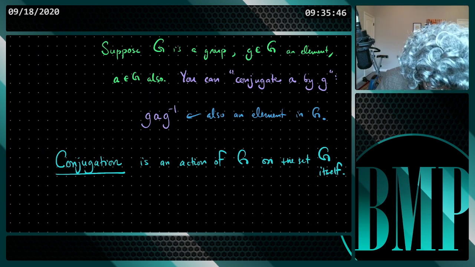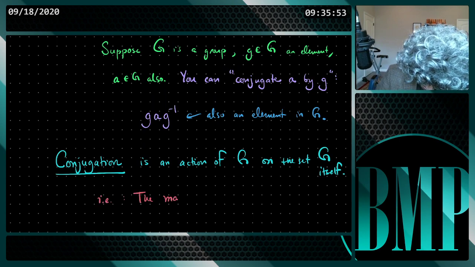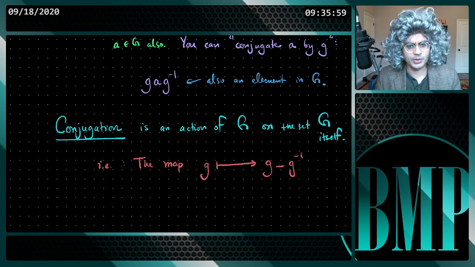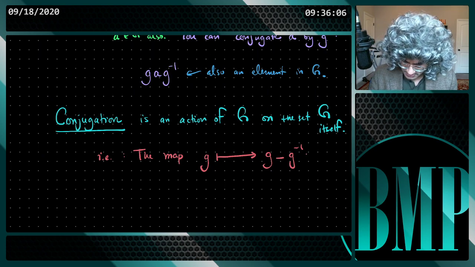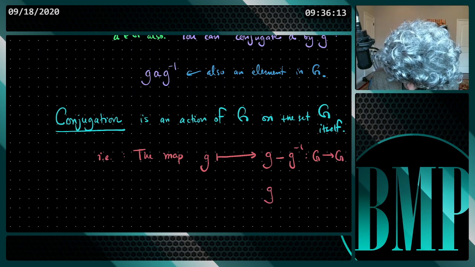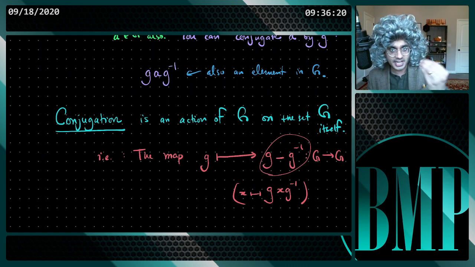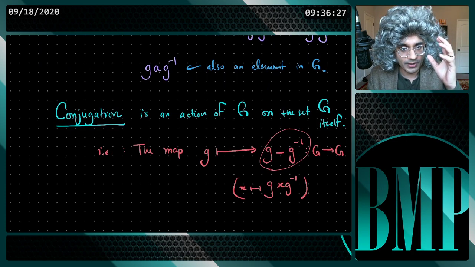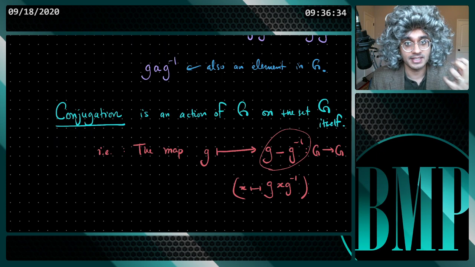In other words, the map which sends g to conjugate by g, which you can write like this. This little symbol means a little function from G to itself called conjugate by g. Like x goes to g x g inverse under this map. Conjugation by g is a function from the group to itself. And so if you assign to each element of the group conjugation by it, this assignment actually is a group action.